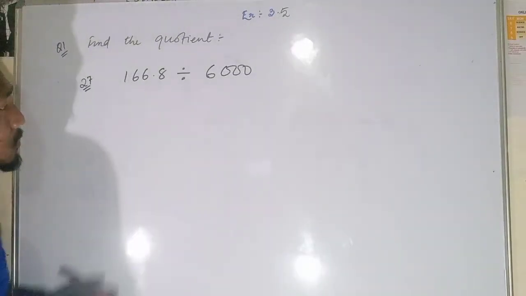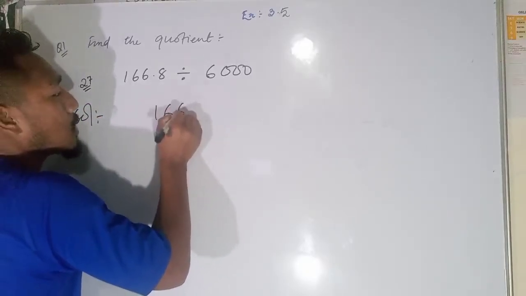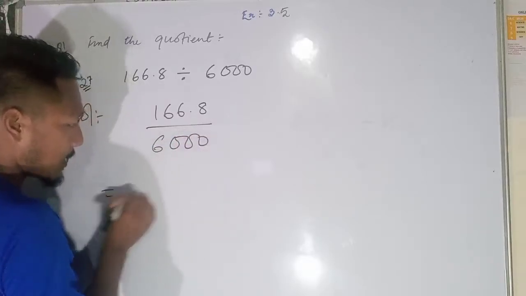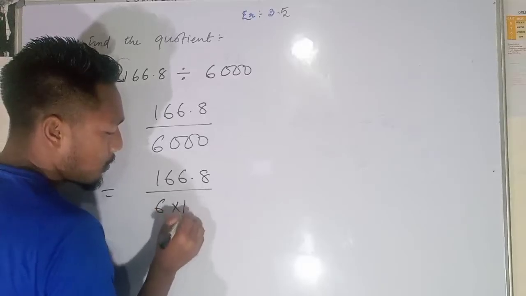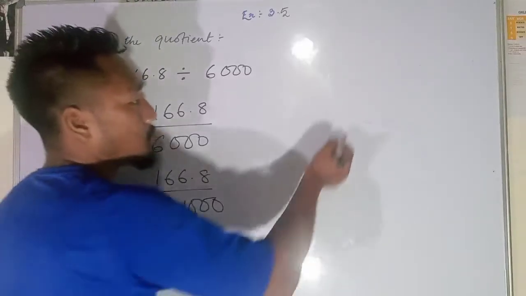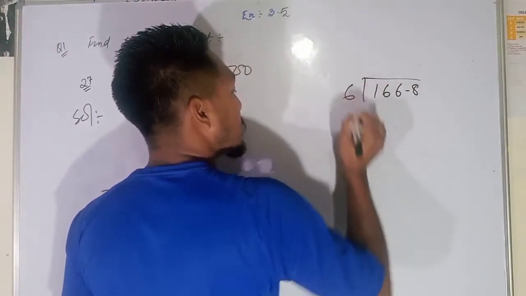Okay, this is our next question. This is question number 7. I can solve this one this way: 1668 divided by 6000. So I can write this one as 1668 divided by 6 into 1000. Then I will divide by 6 first. So what I shall do is 166.8 divided by 6.